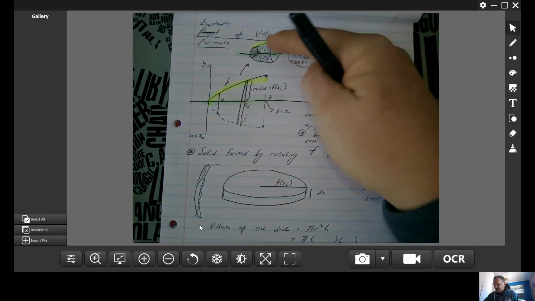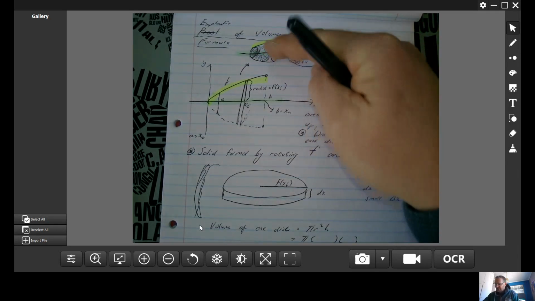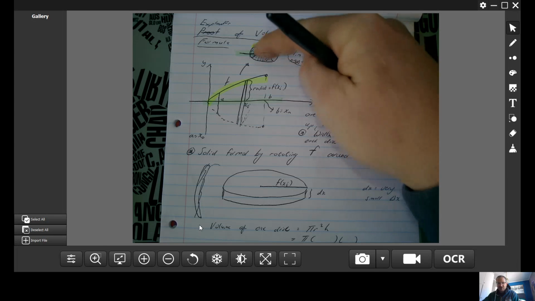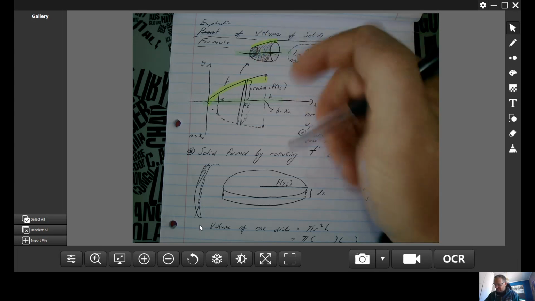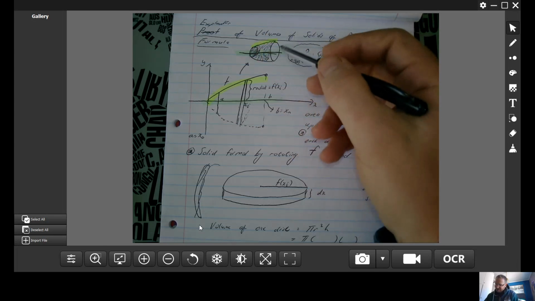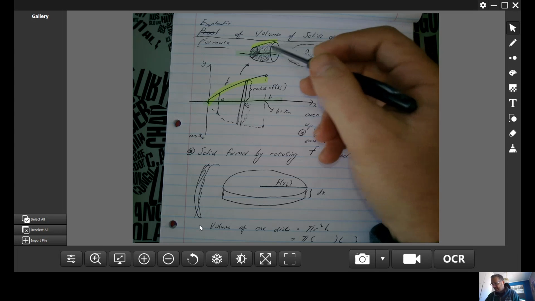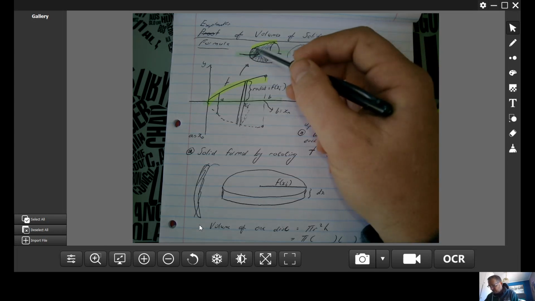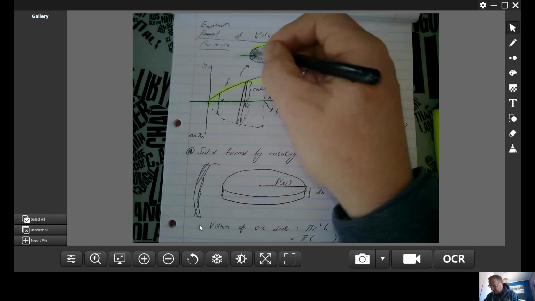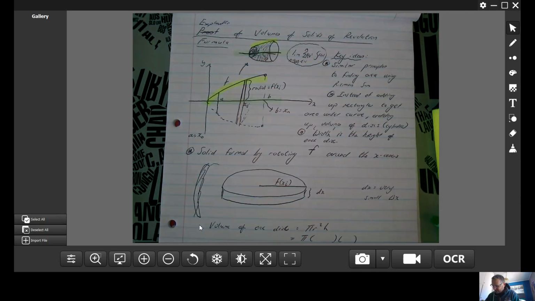and you've rotated it about the x-axis, and everywhere it moves, it forms a solid, and you get this hollow solid. This would look like a kind of vase, I guess, a solid vase, where that would be the bottom over here.